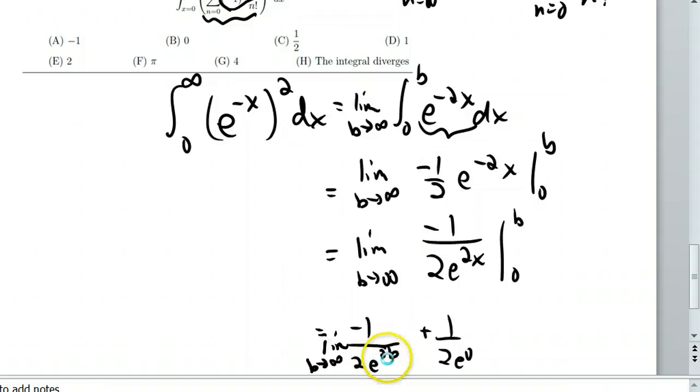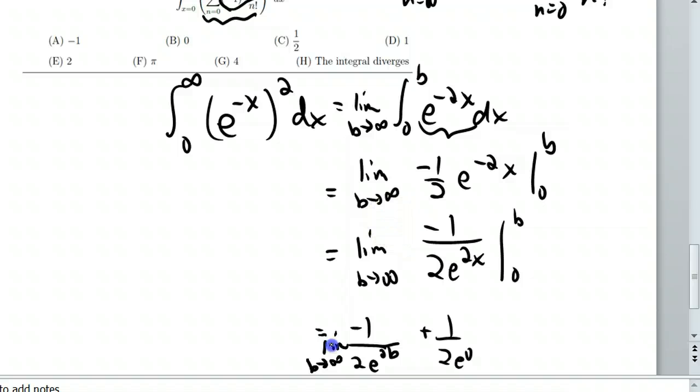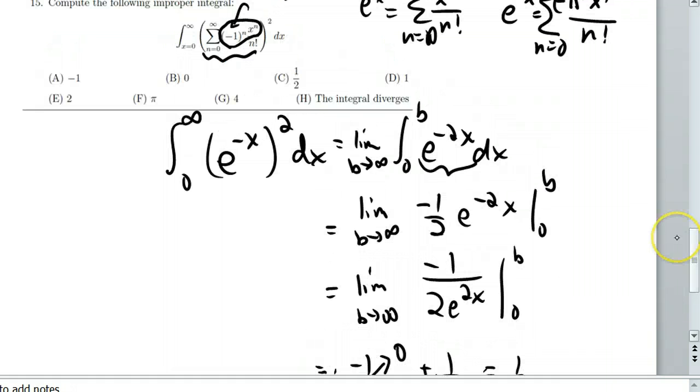And the denominator is going to blow up. The whole thing is going to get very small. It's going to go to 0. And so it converges to a half. Doesn't matter what it converges to, just that it converges. Oh, they want us to know what it converges to. Yeah. So we get a half. And that was 15 and 14 together from fall 2010.